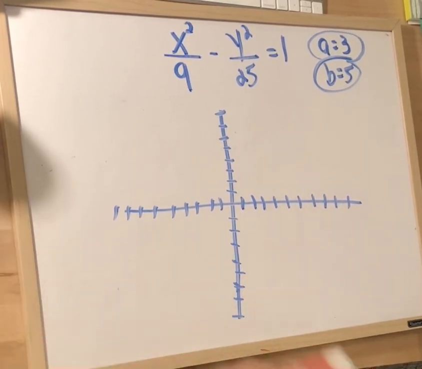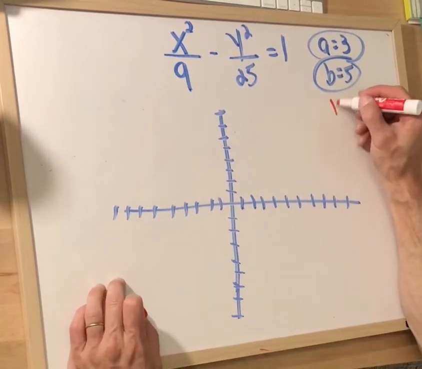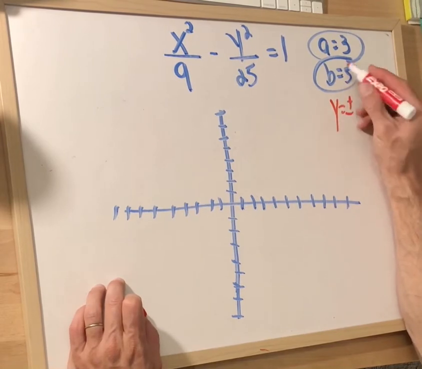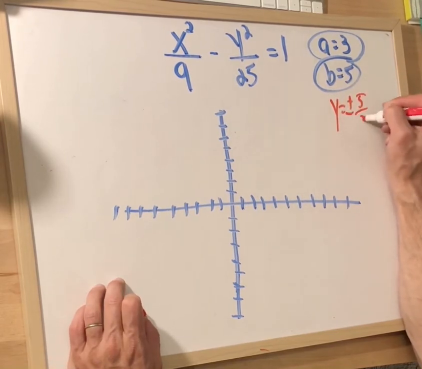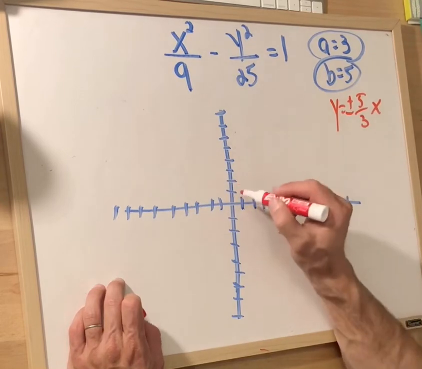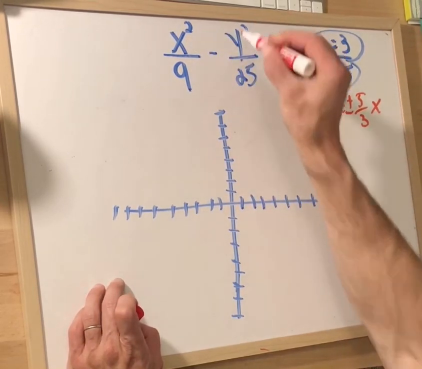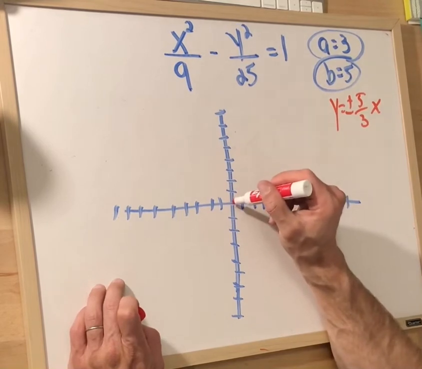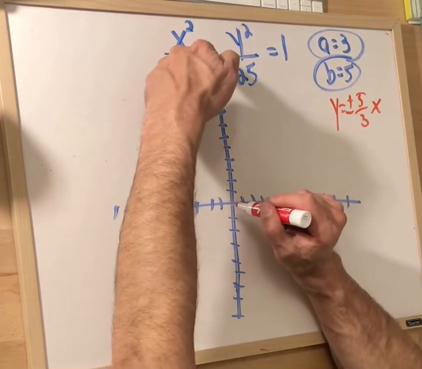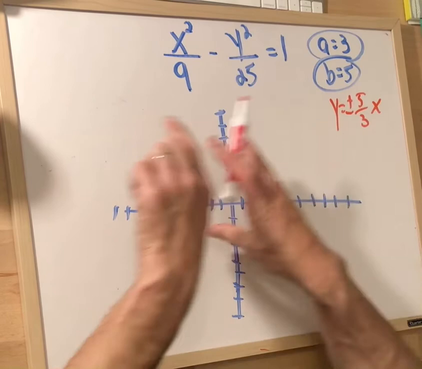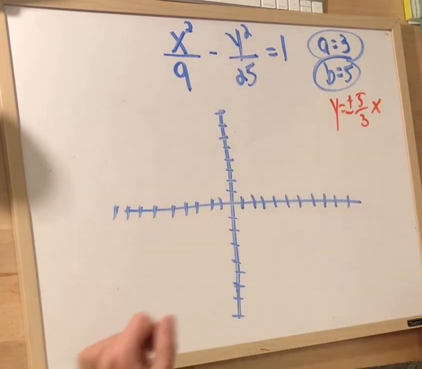My asymptote line is y equals plus and minus b over a x. Starting at the origin, because your center is 0, 0. If this was x minus something squared and y minus something, you would move this left and right or up and down. But for today, it's just going to be centered at 0, 0.